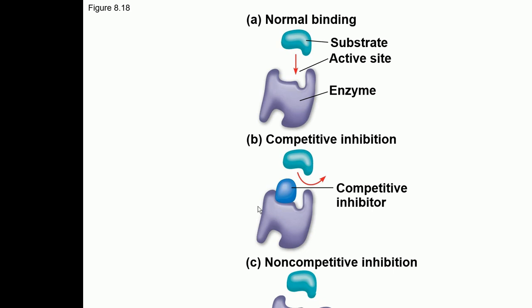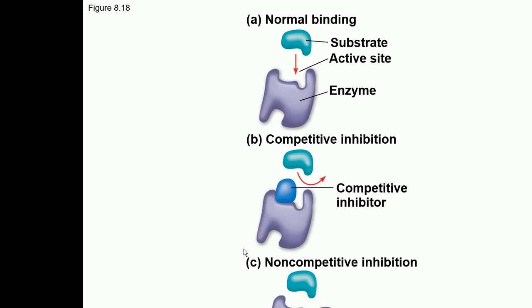Non-competitive inhibitors are those which do not bind to the active site, but bind to a site other than the active site. You can see here this inhibitor is binding here. When it binds, it changes the shape of the active site.